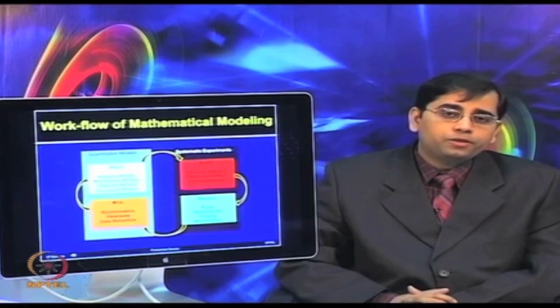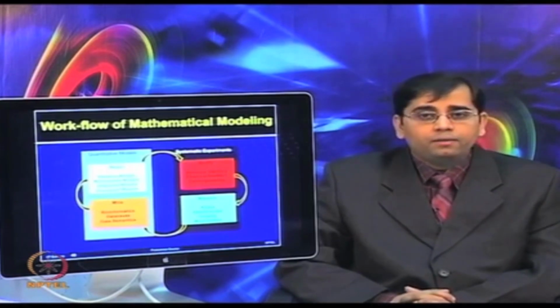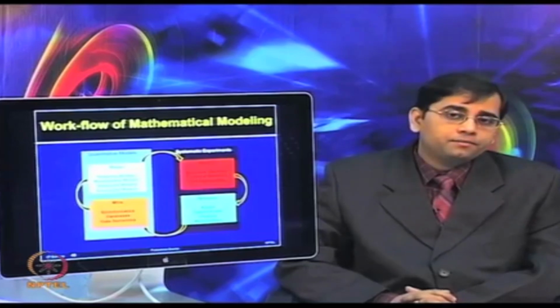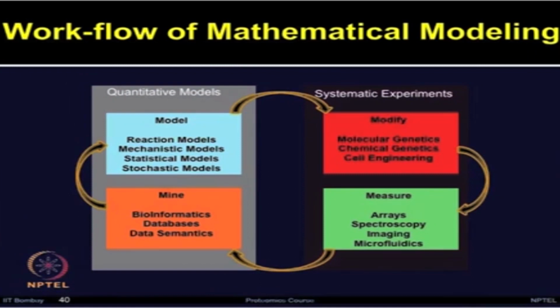A paradigm can be proposed based on modify, model, measure and mine. So, in systematic experiments, different types of molecular genetics, chemical genetics and cell engineering approaches can be used for modifying, and different levels of measurements by applying microarrays, spectroscopy, imaging and microfluidics based approaches from proteomics and genomics can be used further for mining, which involves bioinformatics, databases and data semantics.